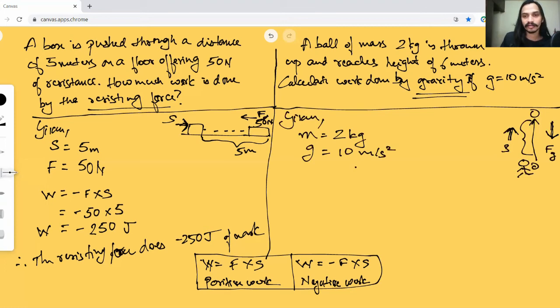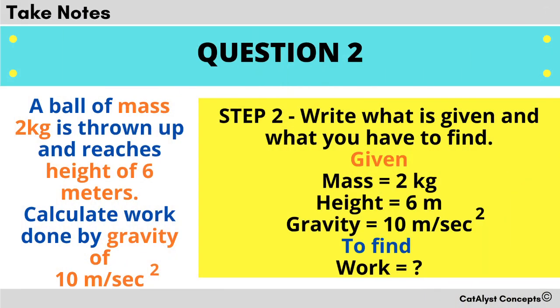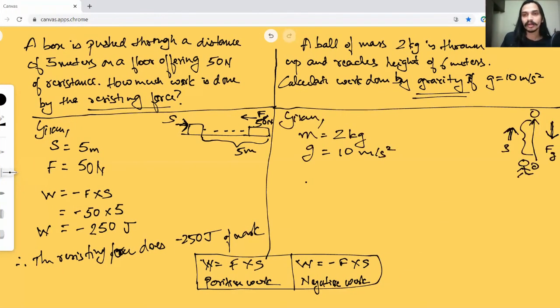That will depend on who's giving you the sum, and the calculation will be easier with 10. Now what else is given to us is the displacement, which is the height in this case, which is 6 meters.